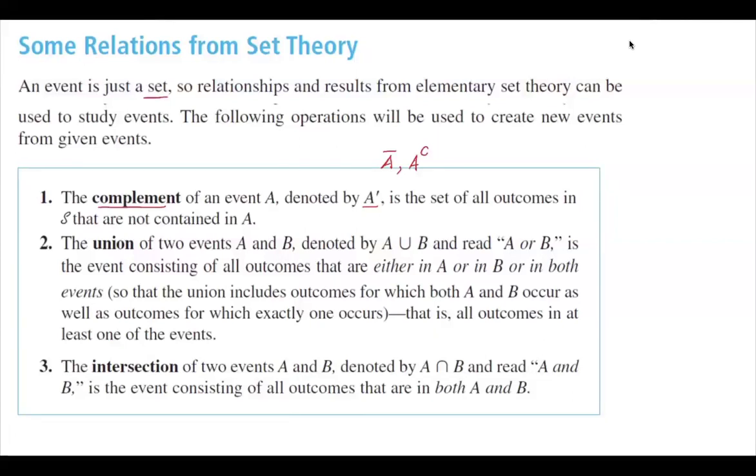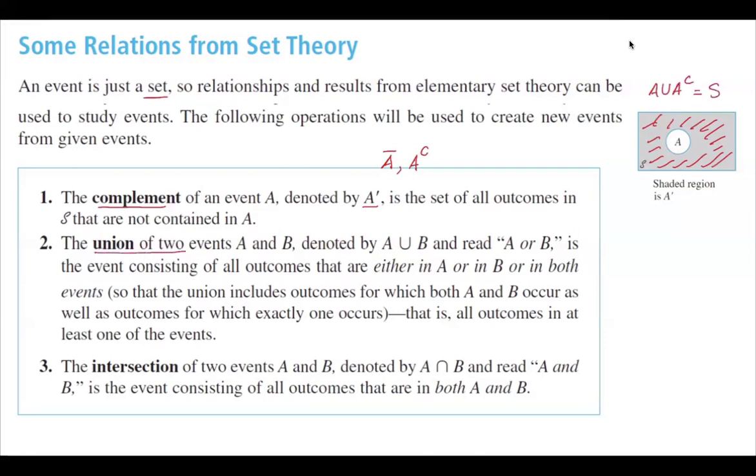It is the set that does not include elements of A. So here you have set A, and everything else is in the complement of set A. As you can see, A union its complement is equal to the sample space or the universal set.